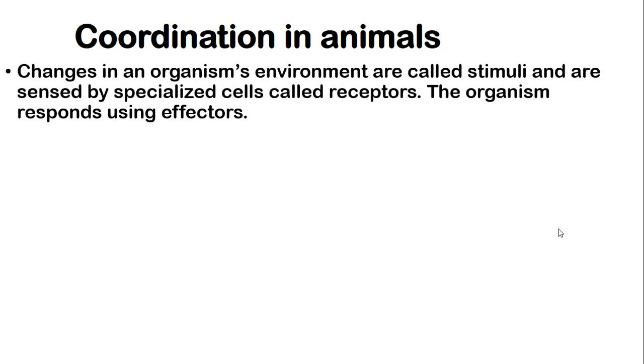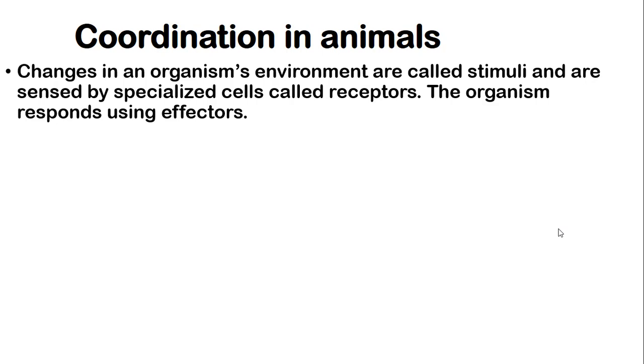Changes in an organism's environment are called stimuli and are sensed by specialized cells called receptors. The organism responds using effectors. Let me explain the terms receptors and effectors. Receptors are transducers. It means that they convert one form of energy into another form.